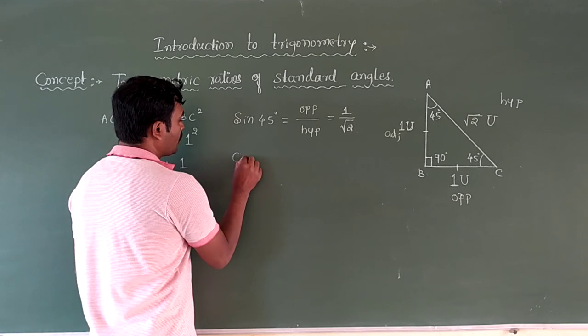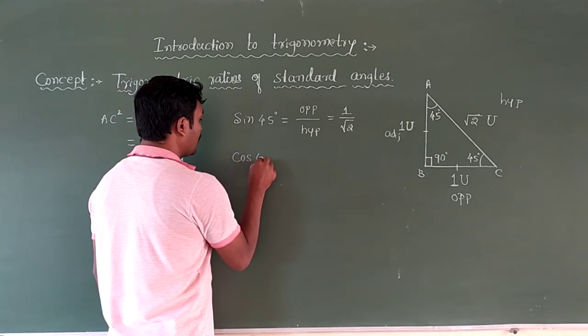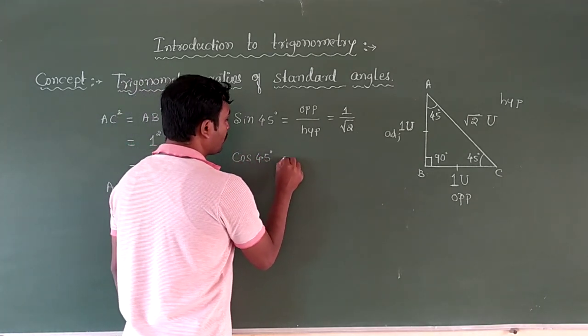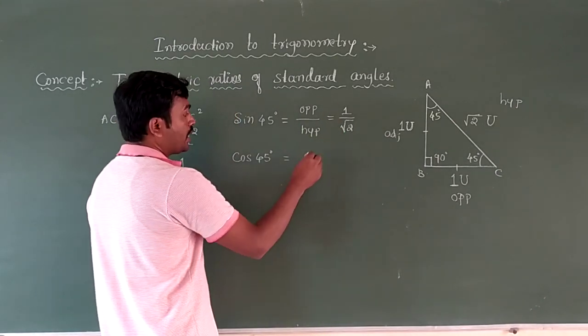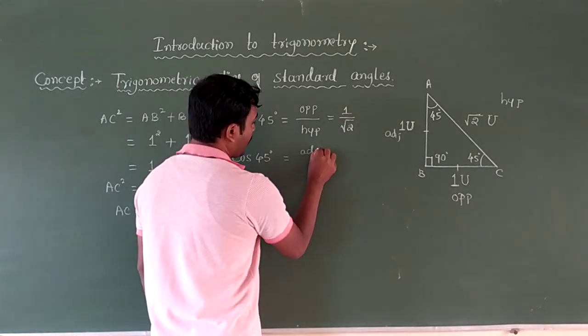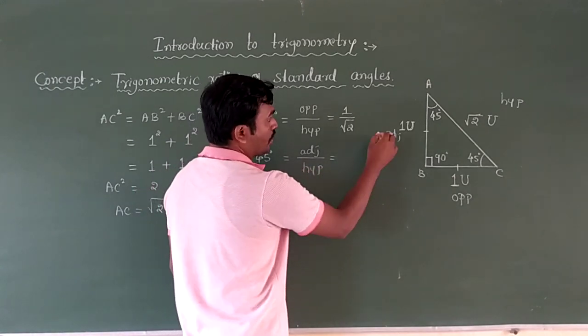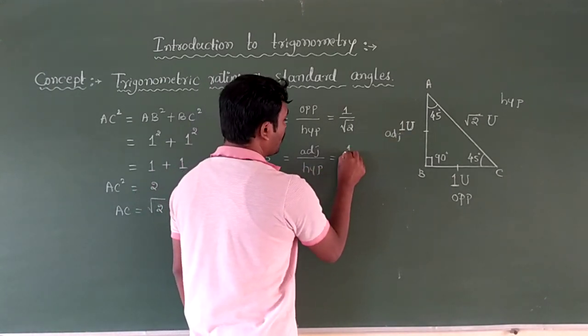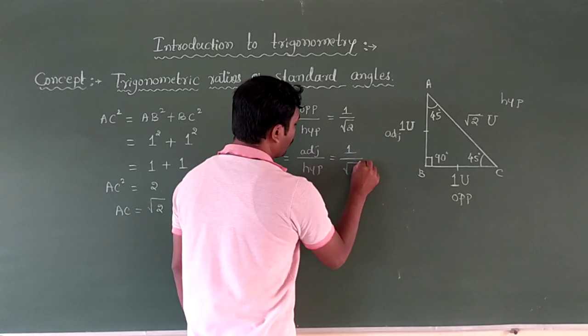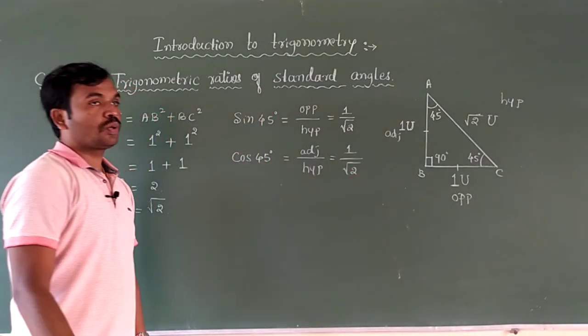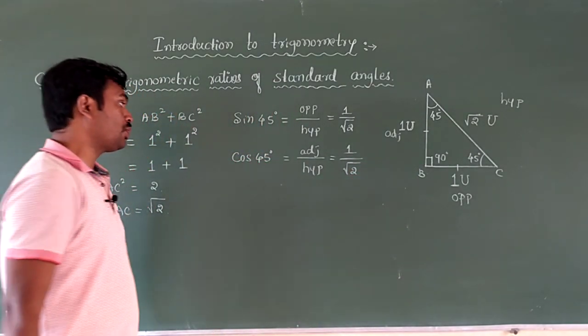Let us find the next one, cos 45 degree. Cos 45 degree is equal to adjacent by hypotenuse. Adjacent is 1 unit, so again it is 1 by root 2. So, cos 45 is also 1 by root 2.